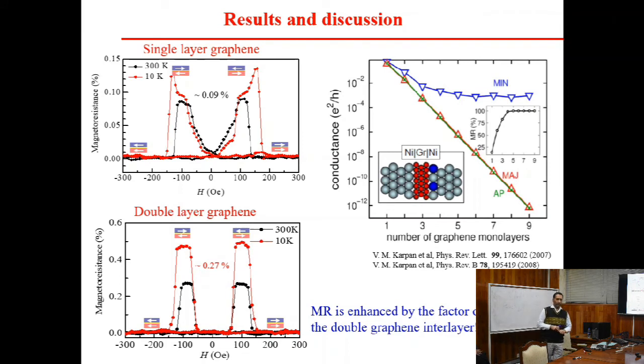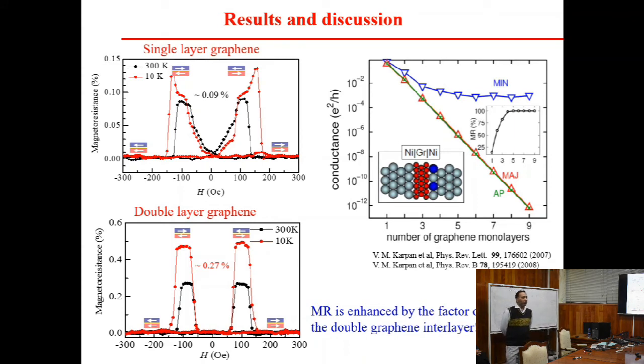There was a theoretical prediction that we could do this kind of experiment. First time we studied graphene, a 2D material, for a spintronic device. In all those signals, the magnetoresistance is very low, 0.09%. That's too low.